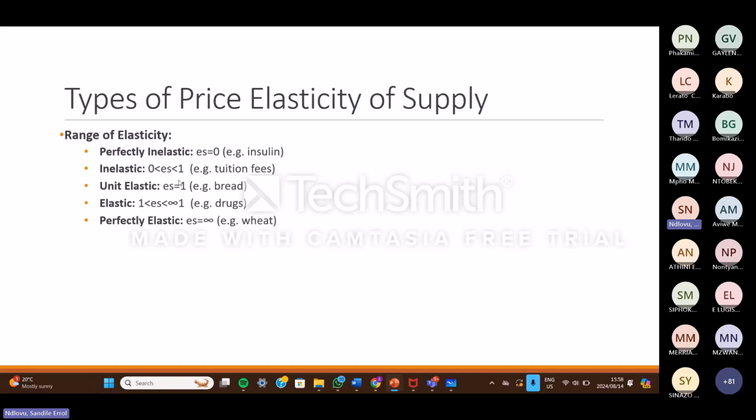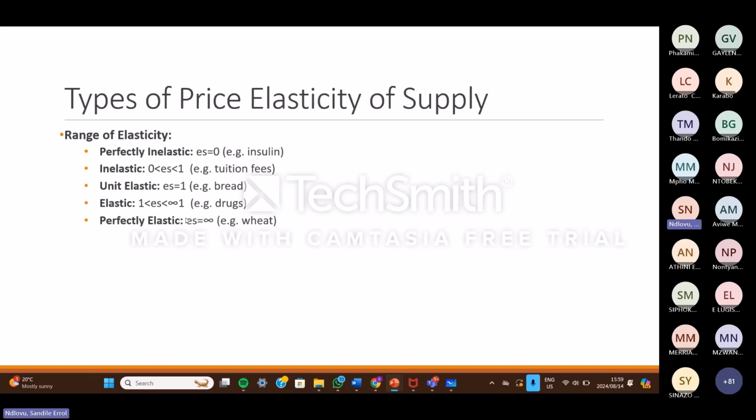And then for a unit elastic supply curve, the elasticity of supply figure will be 1. And then for an elastic supply curve, the elasticity of supply value will be between 1 and infinity. And for a perfectly elastic supply line, the elasticity value will be infinity.